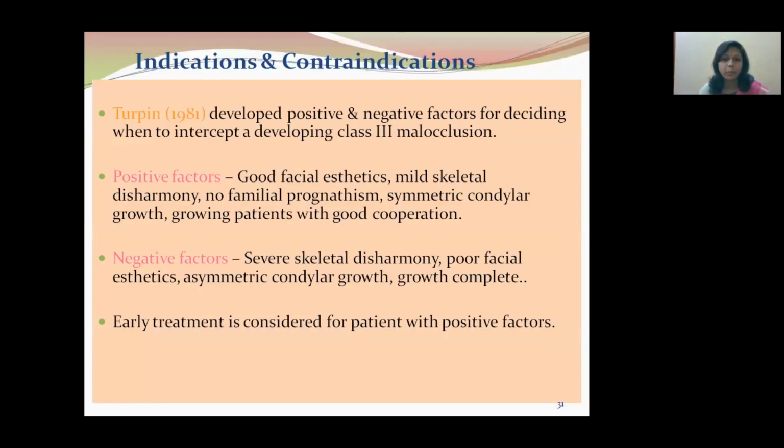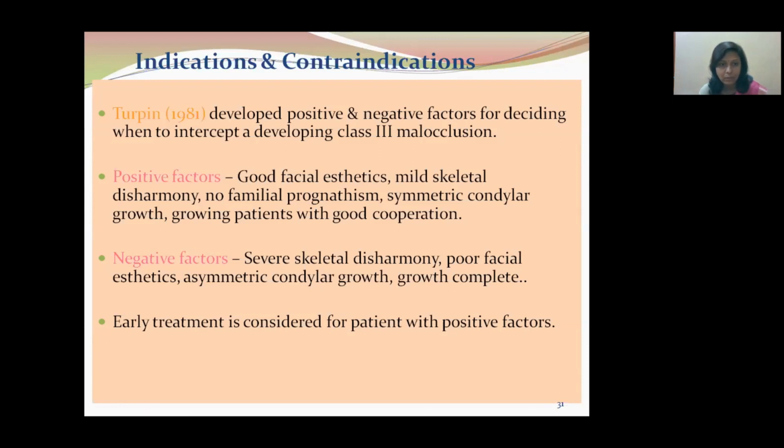Turpin developed positive and negative factors for deciding when to intercept developing class 3 malocclusions. The positive factors for interception are good facial aesthetics, mild skeletal disharmony, no familial prognathism, symmetric condylar growth, and growing patients with good cooperation.